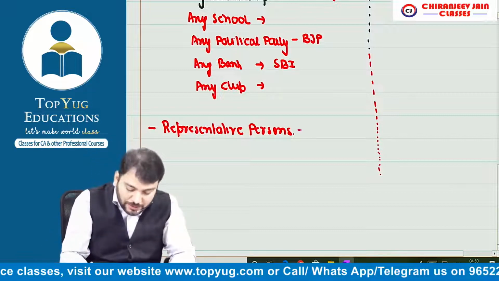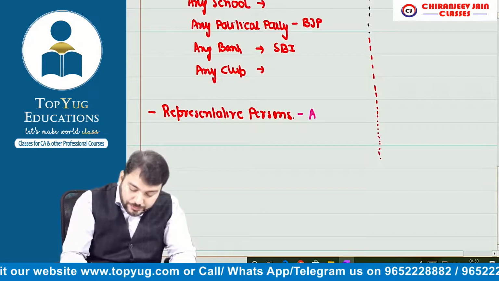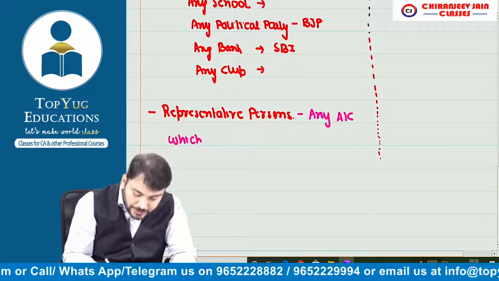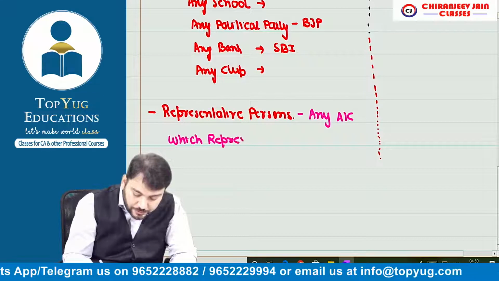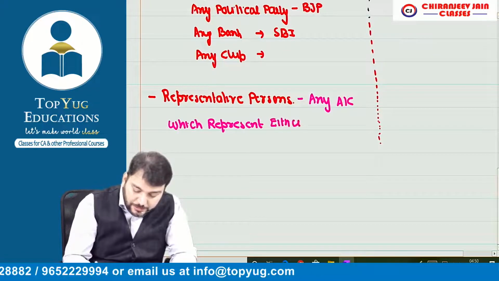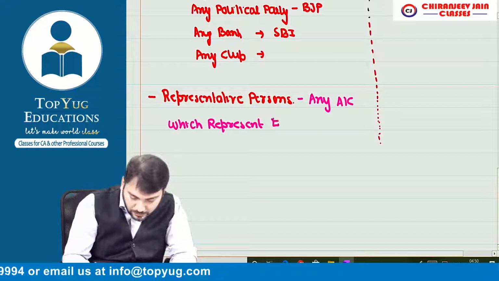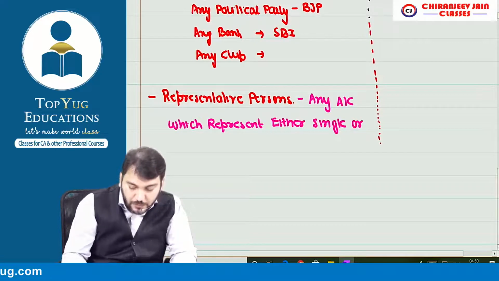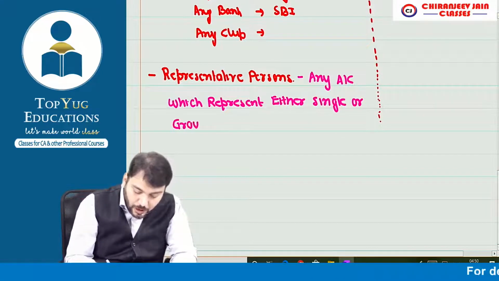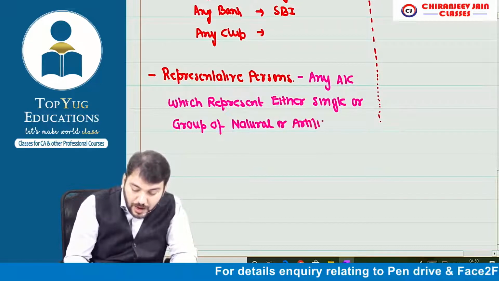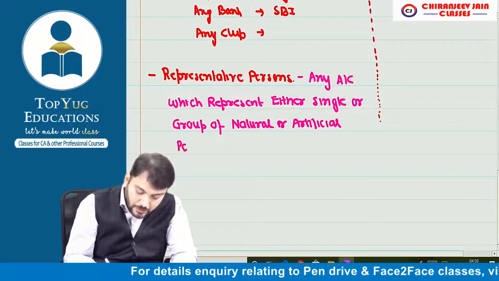चलो ठीक है, whatever you have said सही है। तो लिखो, any account which represents either single or group of natural or artificial persons.